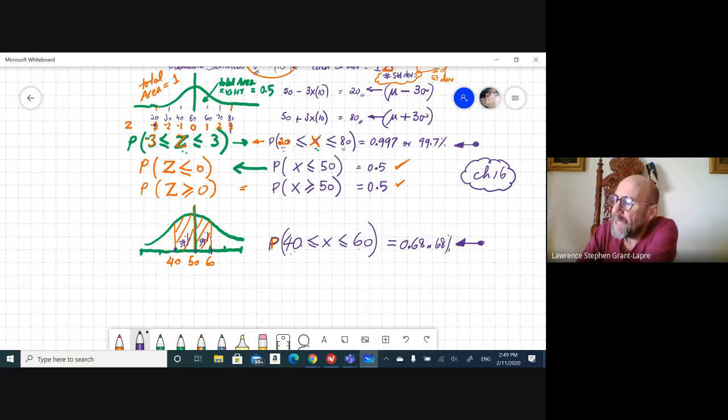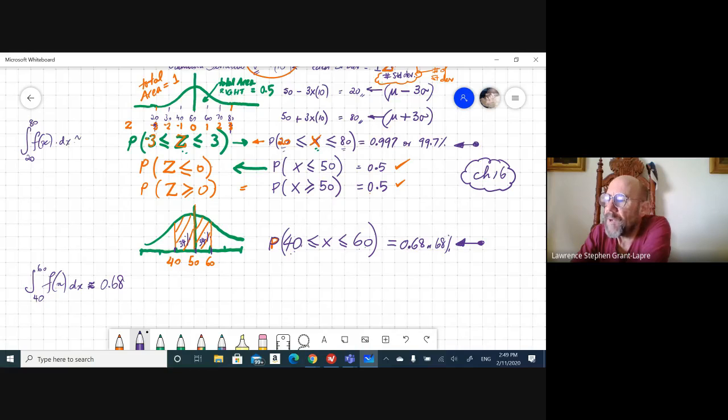That happens to be the integral from 40 to 60 of whatever that function of x is, and it is approximately 0.68. The integral from 20 to 80 for our function of x is approximately 0.997. So that's the area under the curve.